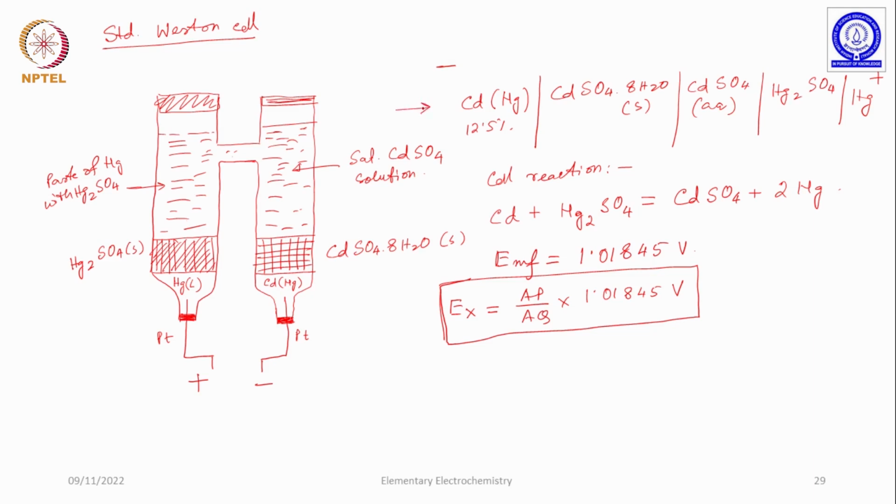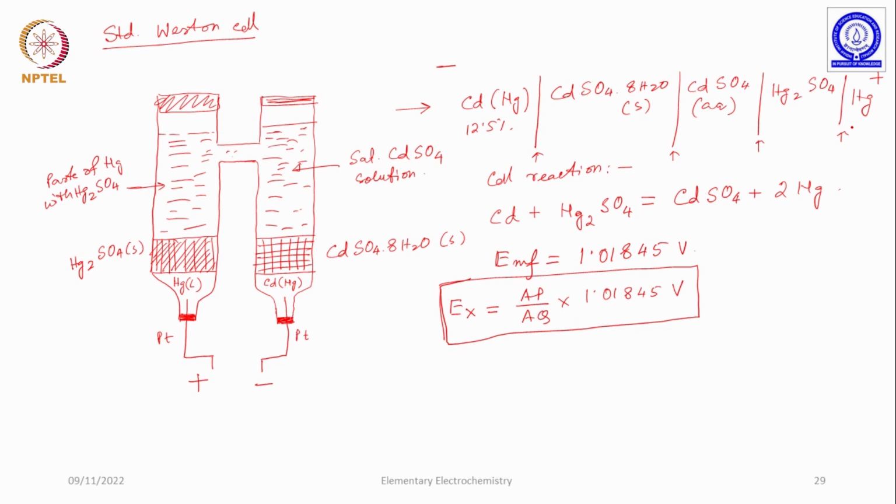You should always remember that the negative electrode is always on the left hand side and the positive electrode is always on the right hand side. You remember that we have written some lines. These lines mean something, and we will see at some point we will use a single line and double line.